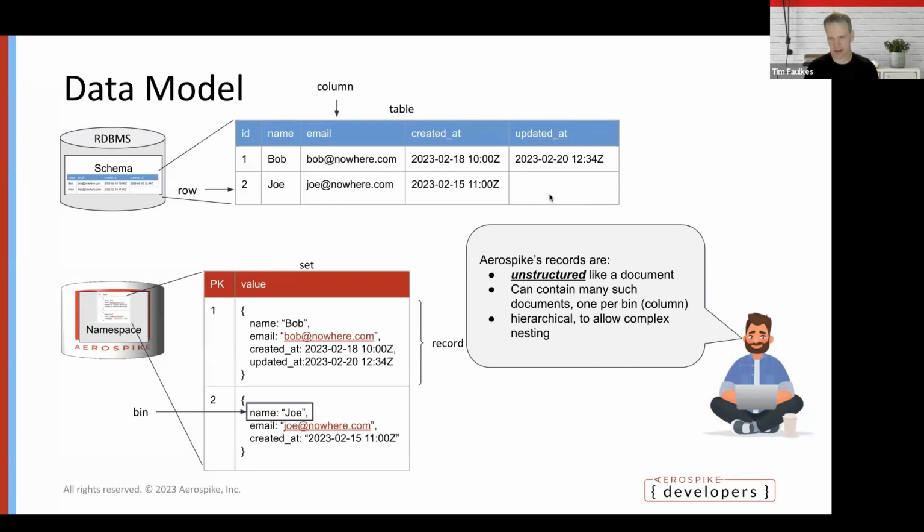In a relational database, that column is null. In Aerospike, because each record is self-describing as unstructured data, I have the same record, but I don't have an updated at. It's not null, it doesn't exist. And as I mentioned earlier, this information can be hierarchically stored. So I can get that information in lists and maps, and I can store very, very complex objects in each one of these Aerospike records.